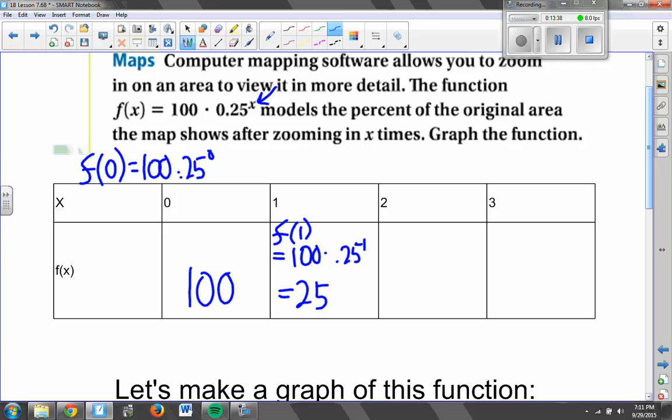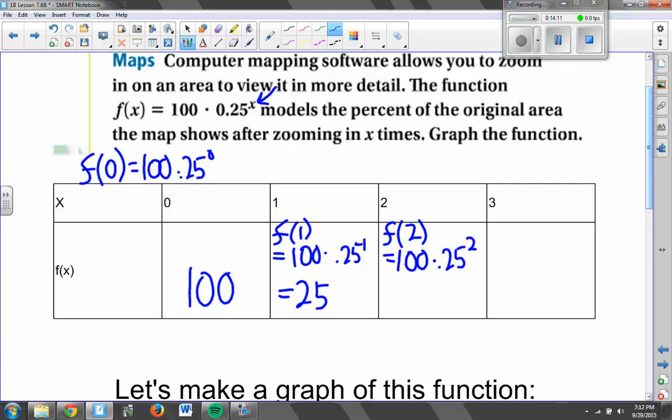When x equals 2, f of 2 is going to equal 100 times 0.25 to the second power. If you do 0.25 to the second power on your calculator, you should get 0.0625.